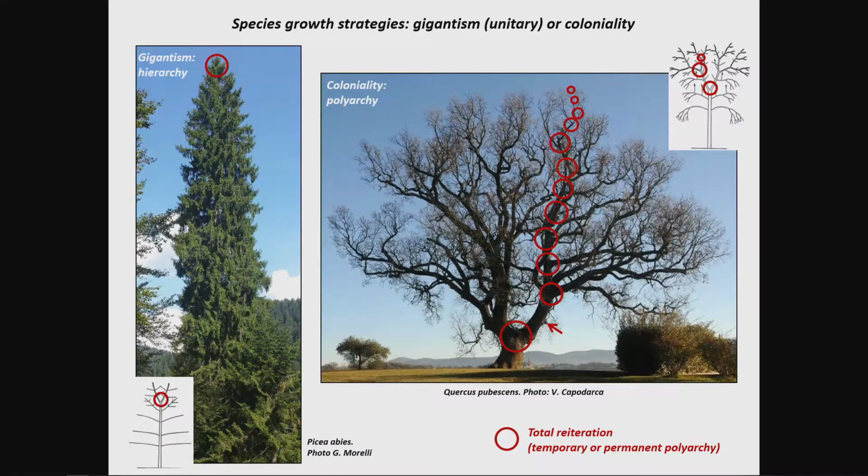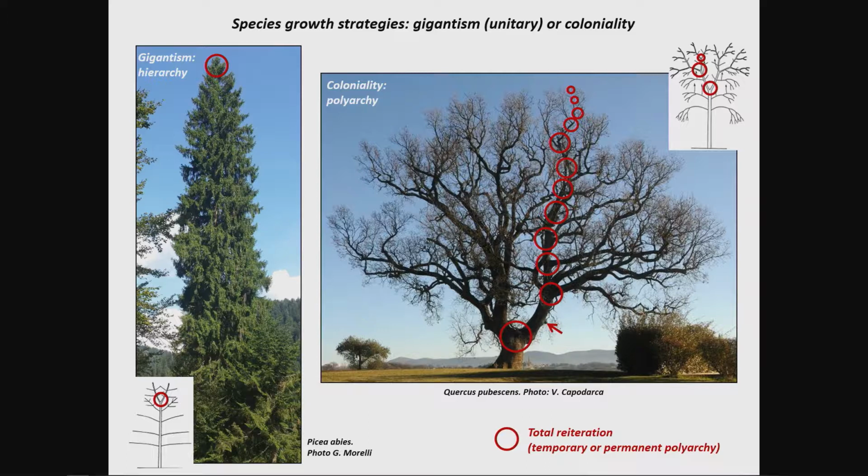But trees have two kinds of strategies for the use of reiterations. For example, a Norway spruce will grow looking for the amplification of the architectural unit, and very late in the life of the tree, it will develop total reiterations.